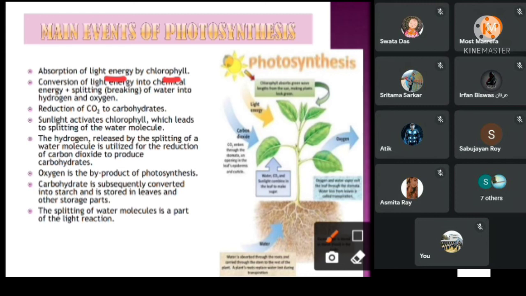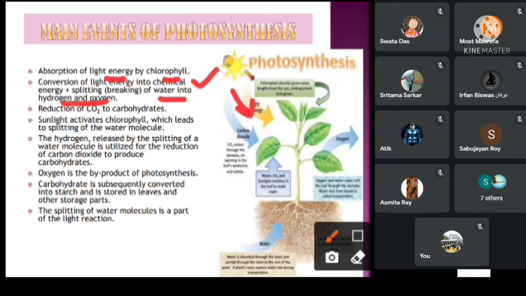So light energy coming from the sun is absorbed by the chlorophyll. Then this light energy is converted into chemical energy, and then they will break the water into hydrogen and oxygen. So water, plants have taken through their roots from the soil.